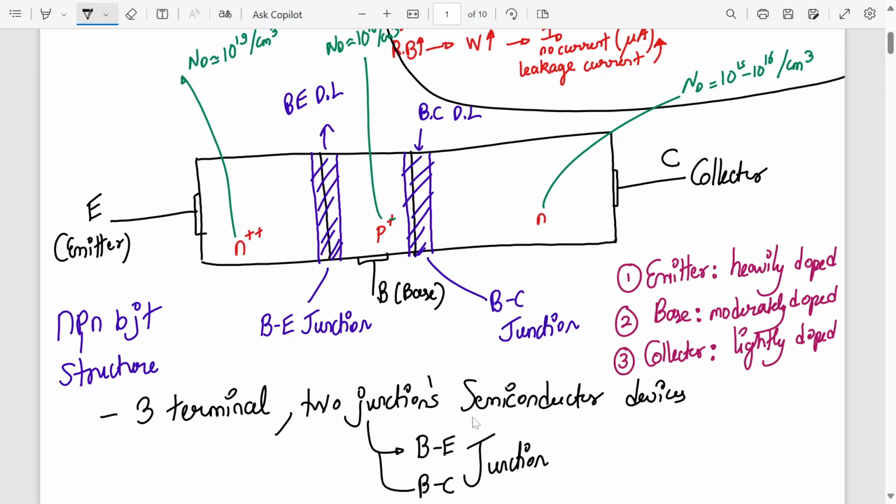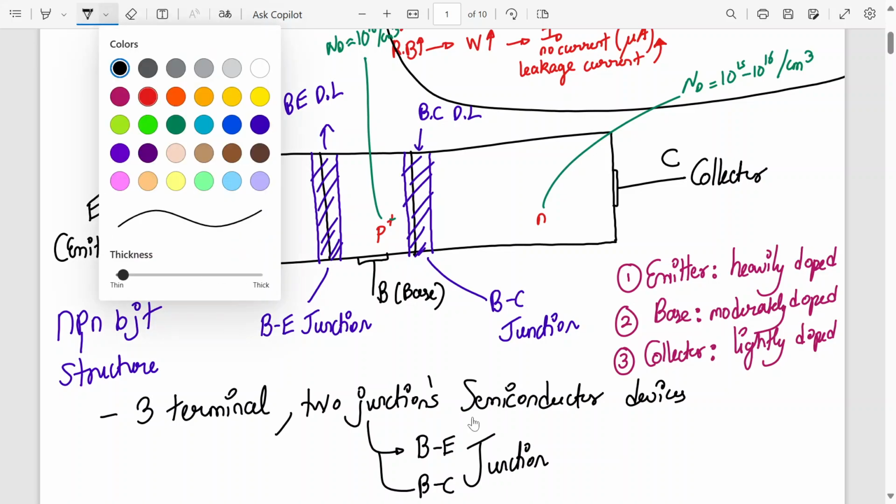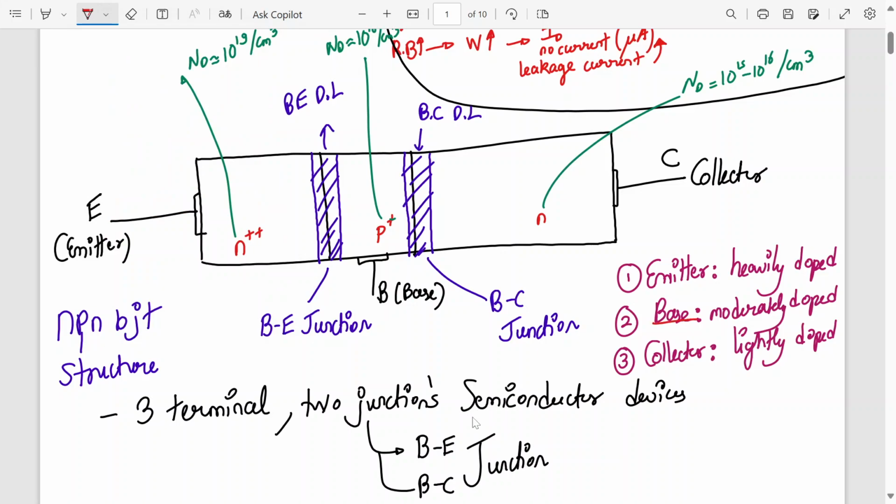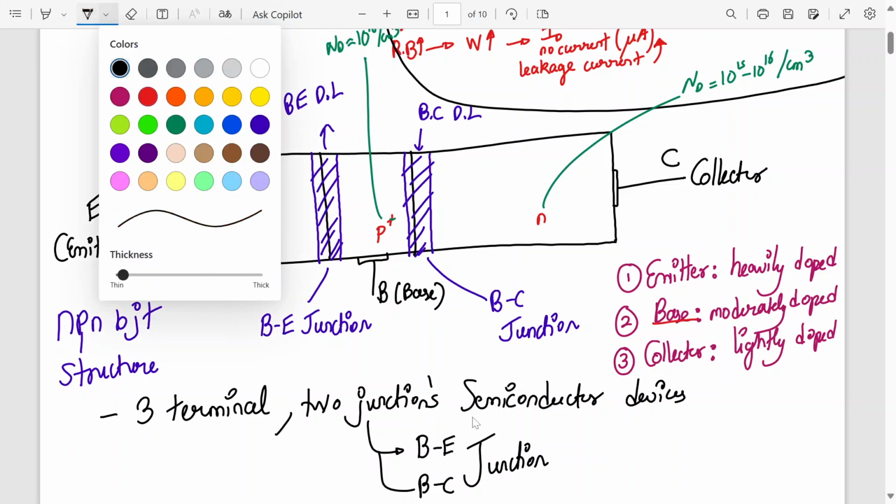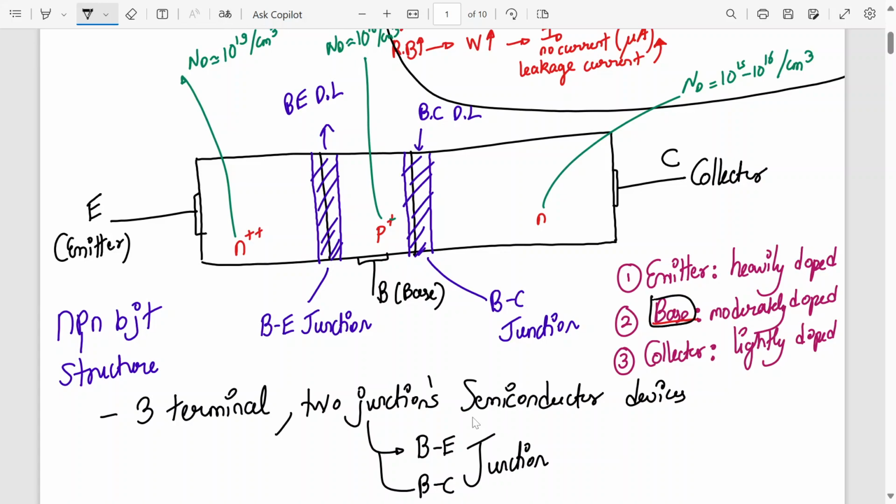The emitter is having a moderate area. Base is narrow width, very narrow. Construction wise, if you want to say anything, we can say that. Base is having the smallest area, so it's having a narrow space, and collector is having the largest space.